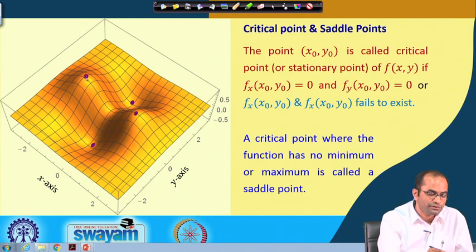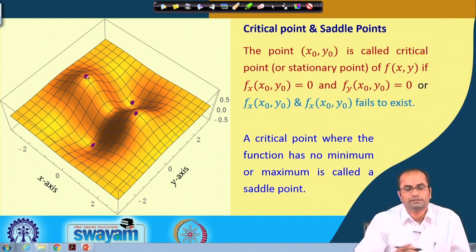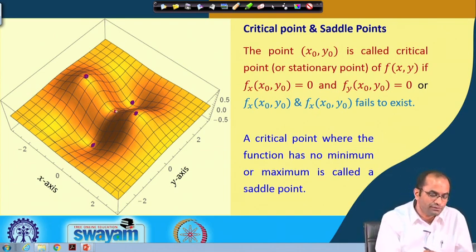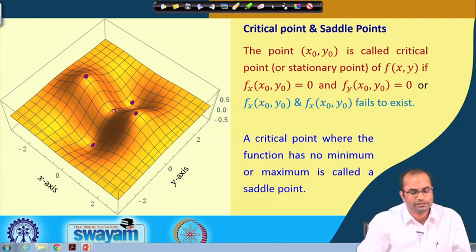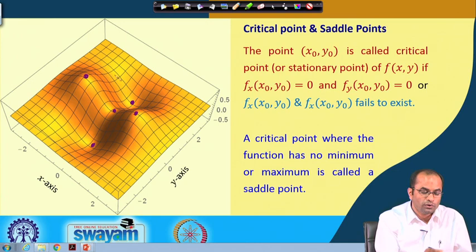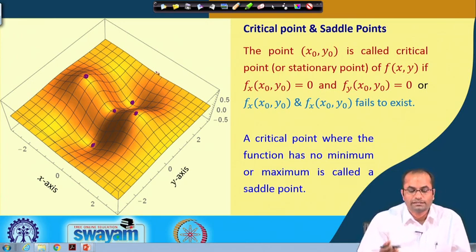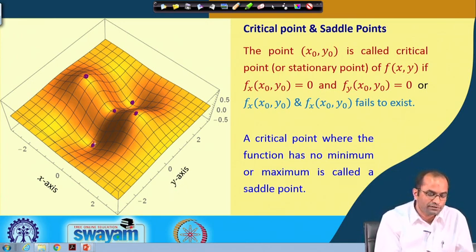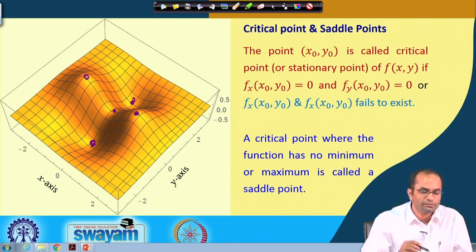Here also there will be a point where f_x and f_y will be 0, and a point here as well. So, all these points are critical points, and for these there will be a local minimum here, a local minimum here, a local maximum, and here again a local maximum.